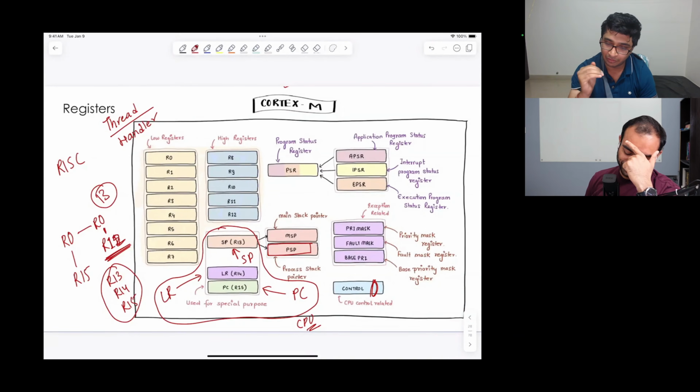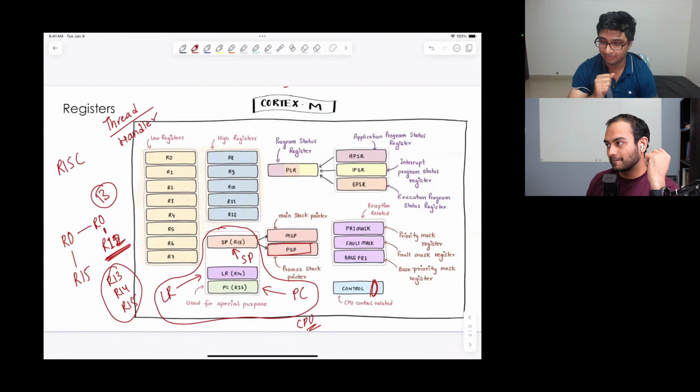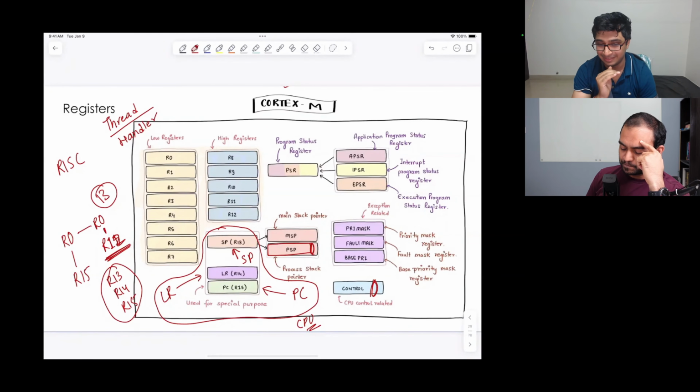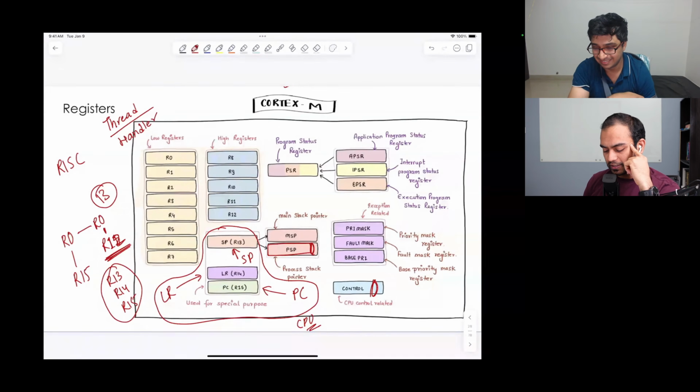And that's why, if you don't have this whole kernel user space concept, you can run your complete system without ever setting PSP, irrespective of whether it's thread mode or handler mode. You always set up only MSP.